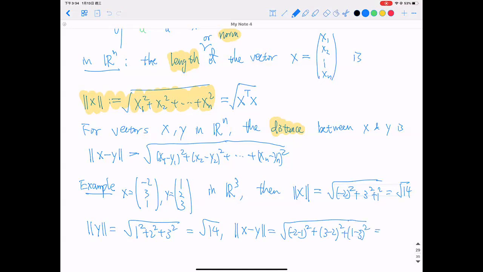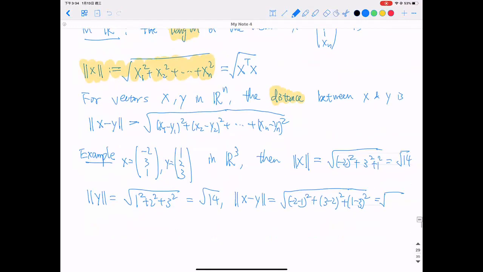So that is 3 squared, 1 squared, 2 squared, no, still 14.